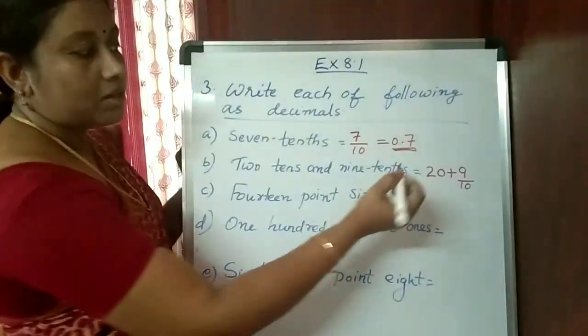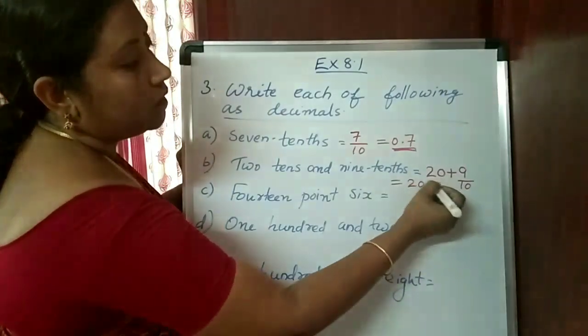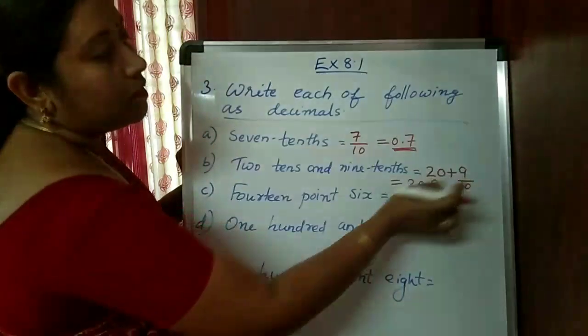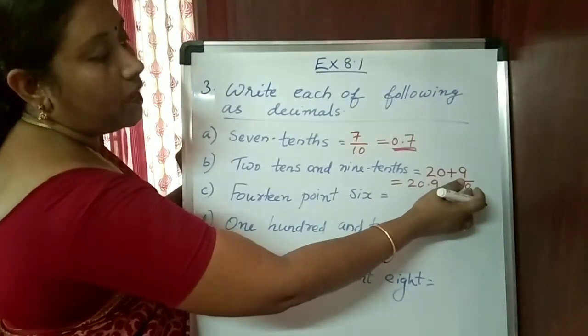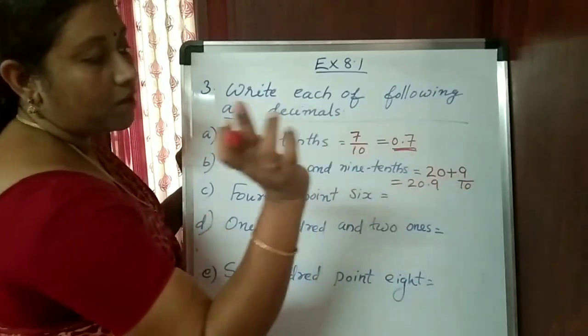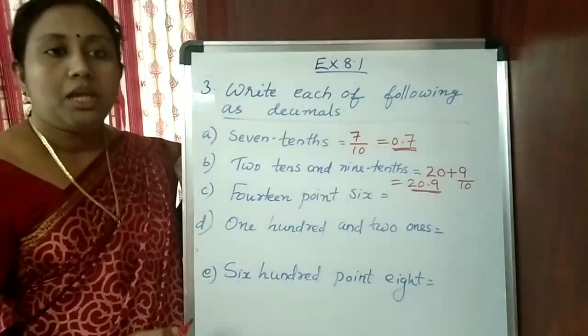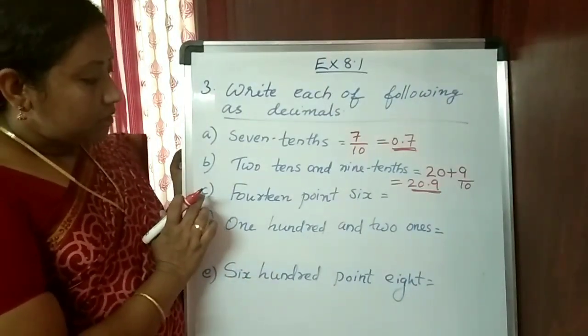Then what is the decimal form of this number? 20.9. That means there is only 1 digit in the numerator and the denominator has only 1 zero. So what is your answer? 20.9.